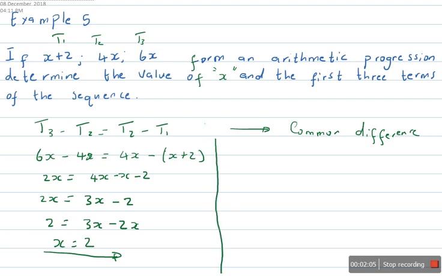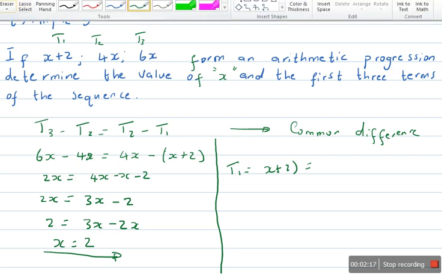Then sishoda ngani the progression. So t1 in this case it's x plus 2, so 2 plus 2, that will give us 4.